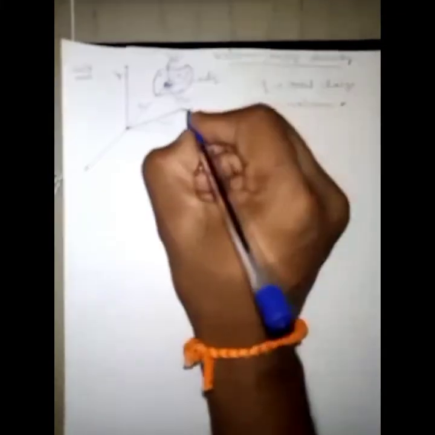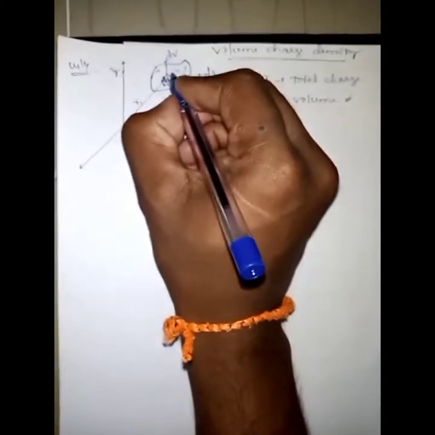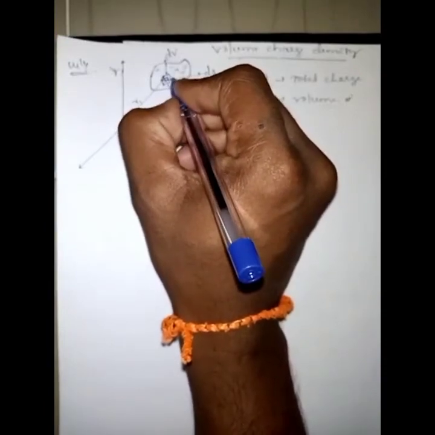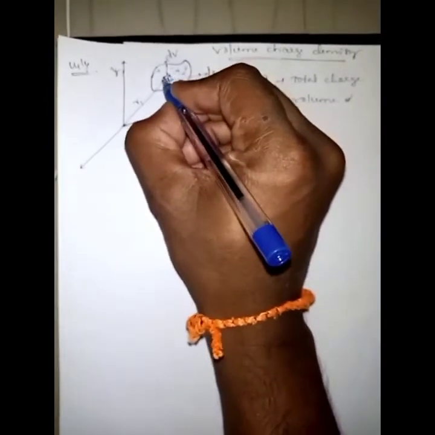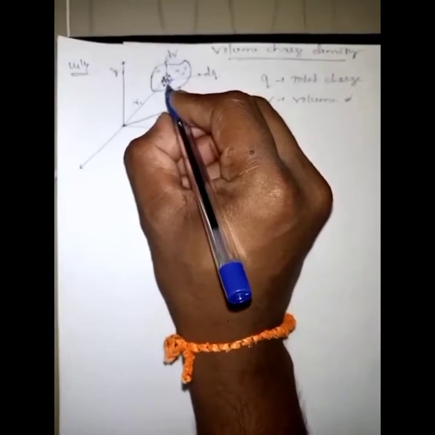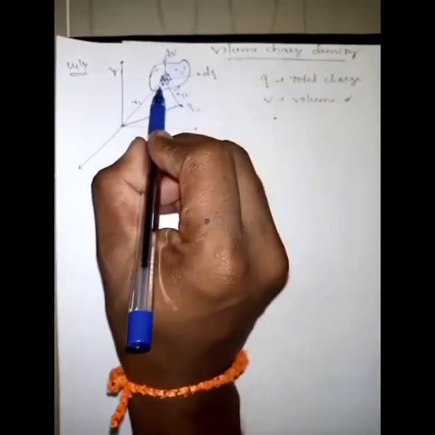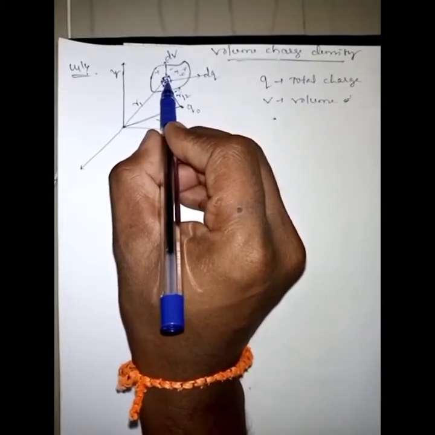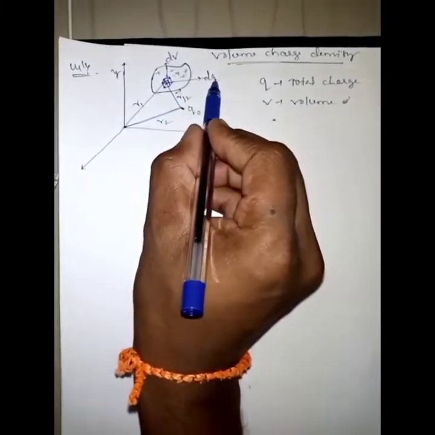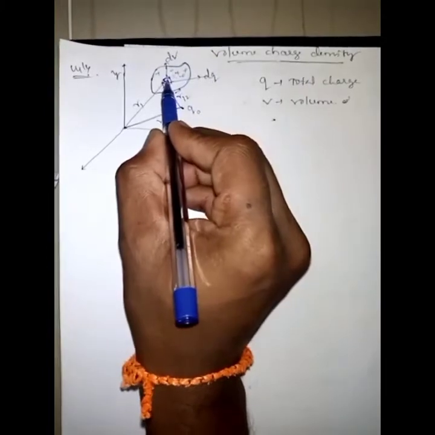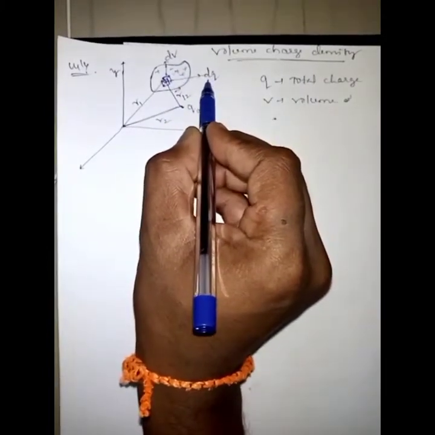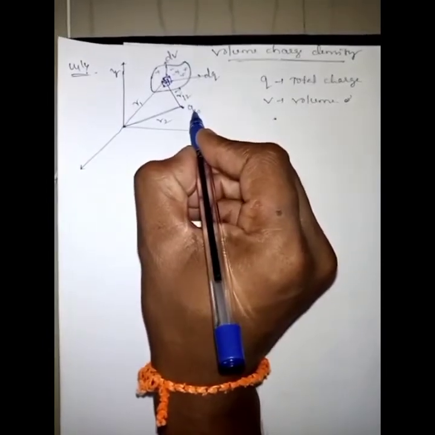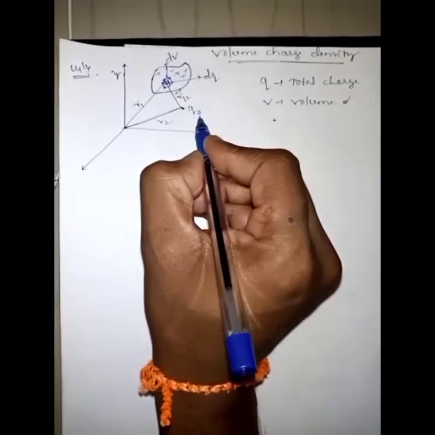Now to find the total force and the total electric field, I am considering a small volume dV, and it has a charge dq. Due to this charge, what is the electric field or the force on the q naught charge?